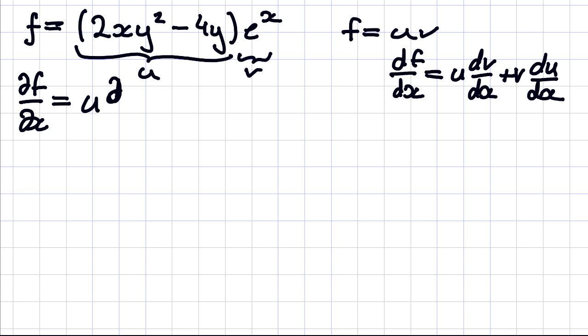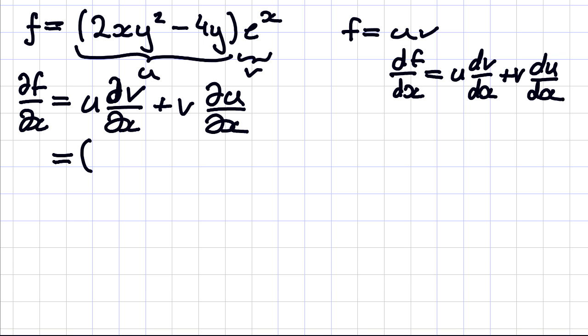So now I want partial derivatives, u dv dx plus v du dx. So first we leave u alone, 2xy squared minus 4y, and we differentiate v, which is e to the x, with respect to x, and the derivative of e to the x is just e to the x.